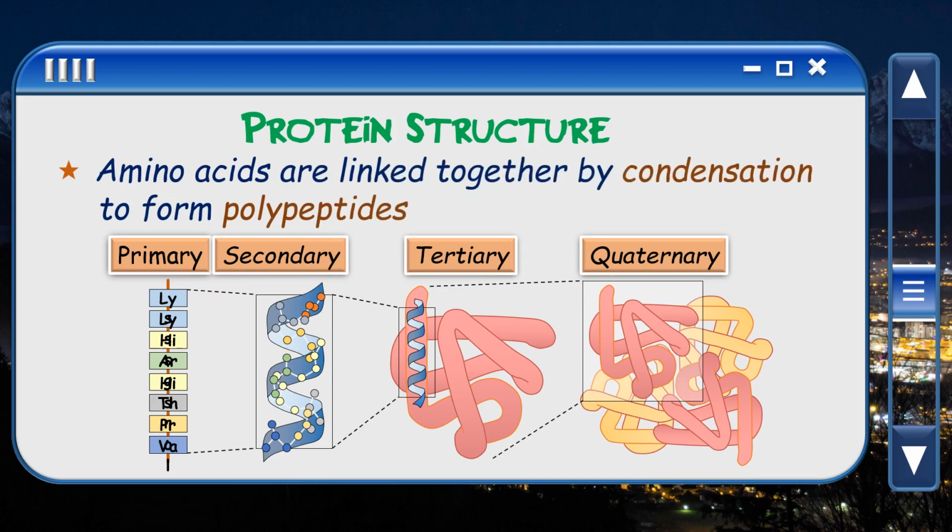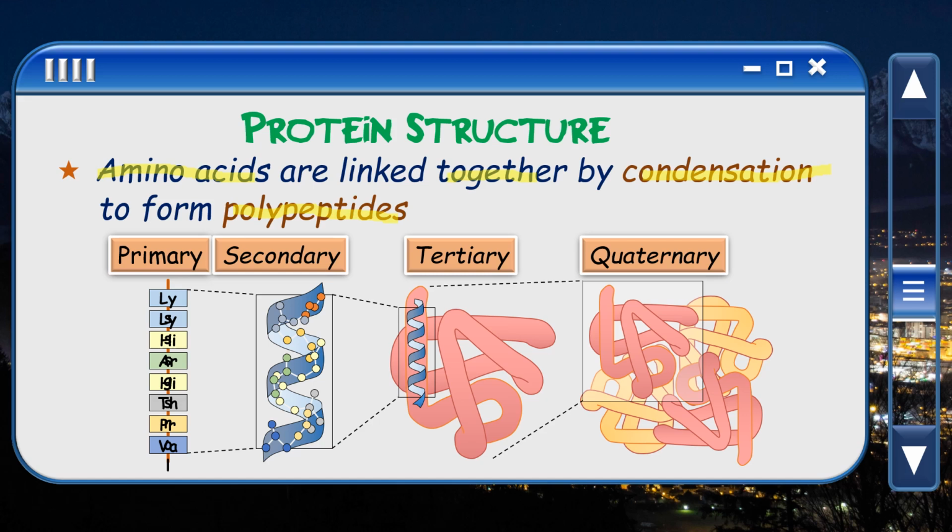The amino acids are linked together by condensation to form a polypeptide. The amino acids come together and are linked through a process called a condensation reaction to form a polypeptide. From one amino acid to another, a bond is formed.